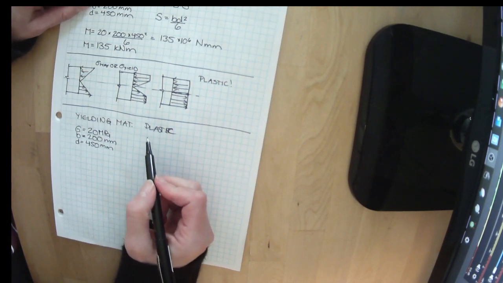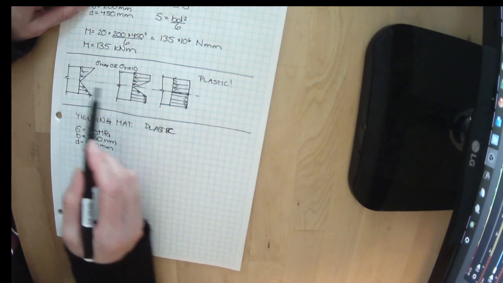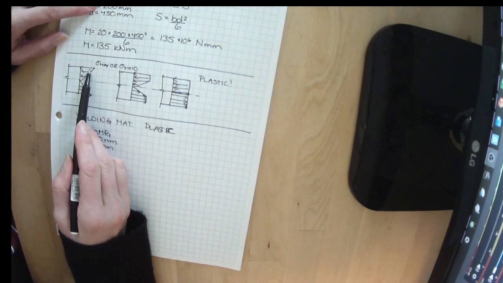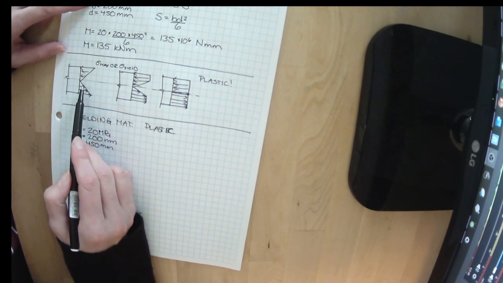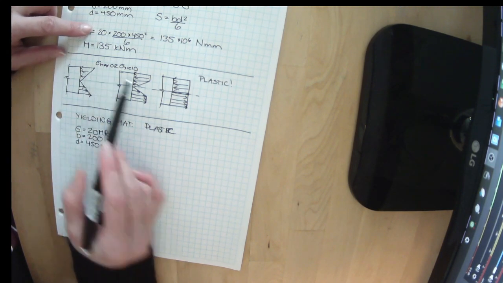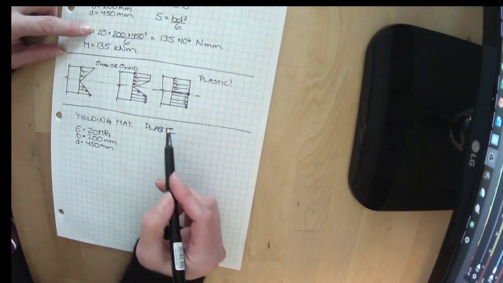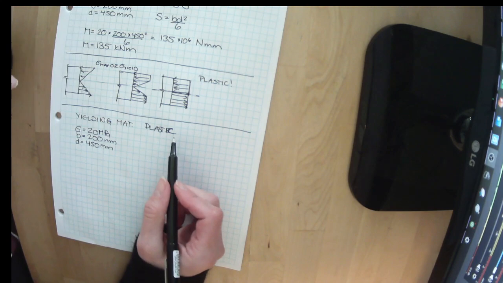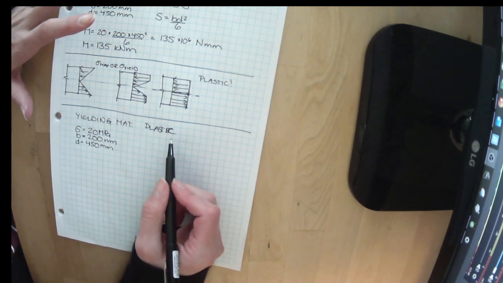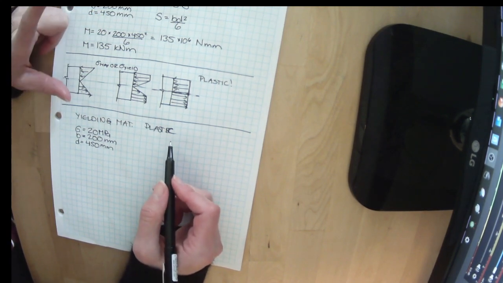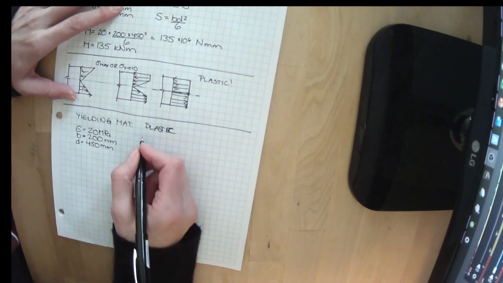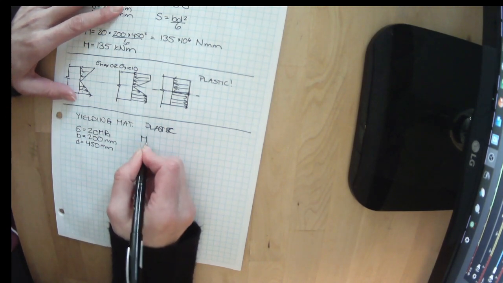We are going to let this yield down to here. In the earlier example, we said only the extreme fibers could hit that maximum or yield stress. Here, we're going to let it come all the way down to the neutral axis. There'll be a little bit of permanent deformation, but we're going to live with it. And let's see what happens if we live with that little bit of permanent deformation.